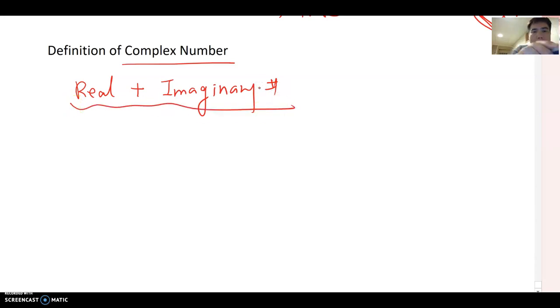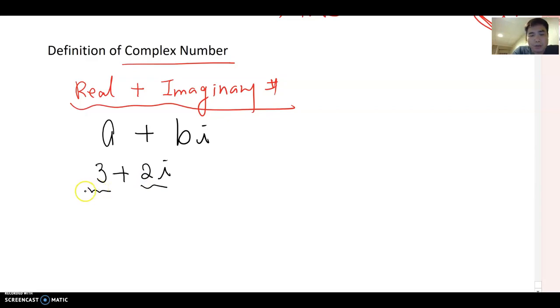We can write the form as a plus bi here. So whenever we have 3 plus 2i, this is the real number term, and this is the imaginary number term.